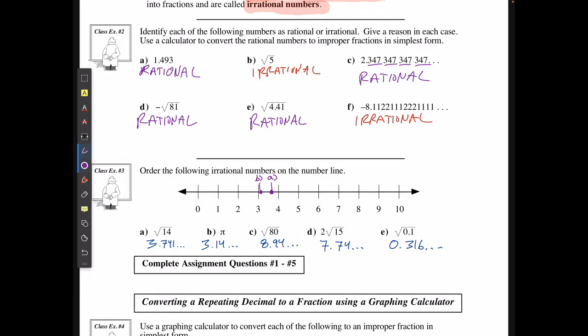The square root of 80 is going to be just shy of 9, and that's where C would exist. 2 times the square root of 15 is 7.74, so it's going to be about there, and E is just above 0.